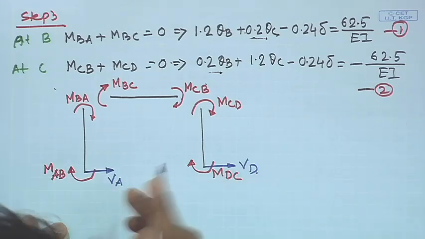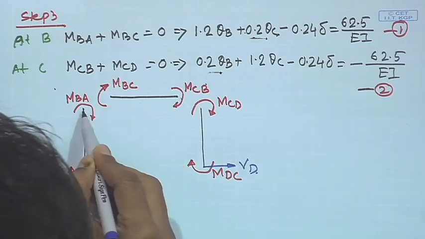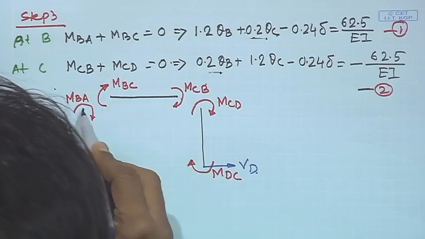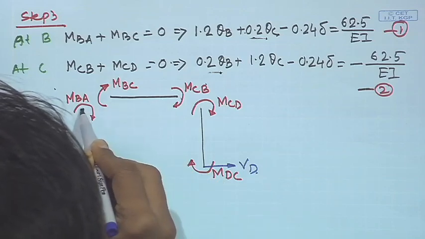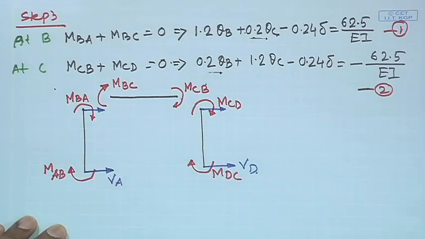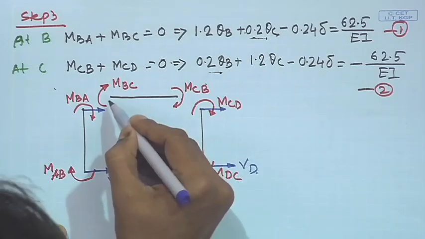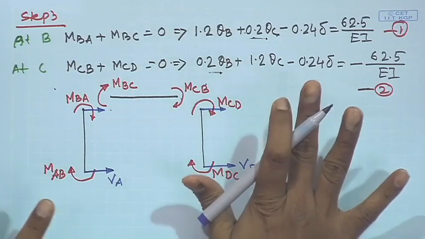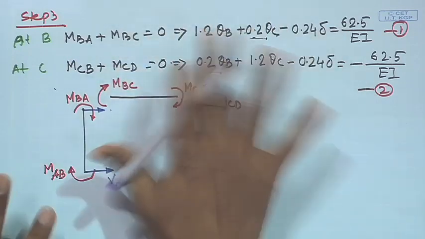Okay. We have a shear force at the corresponding points as well. And we have a shear force in this member as well, but since we are only concentrating on the moment, we are not drawing it here.